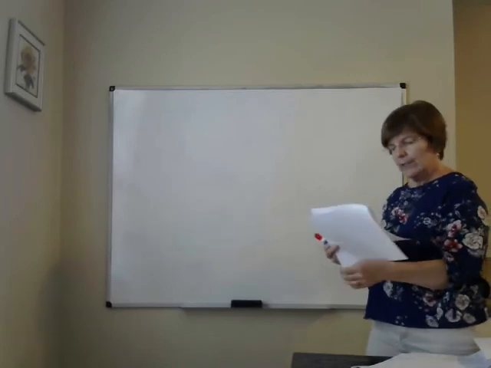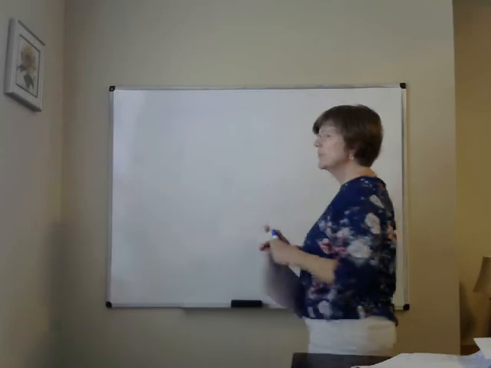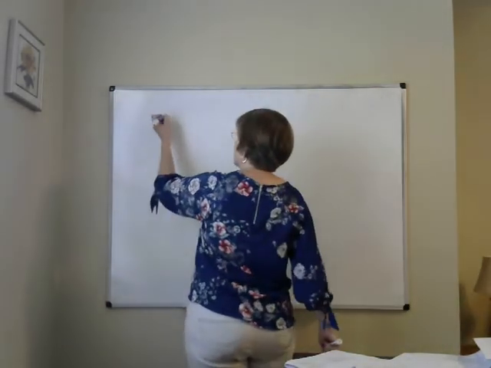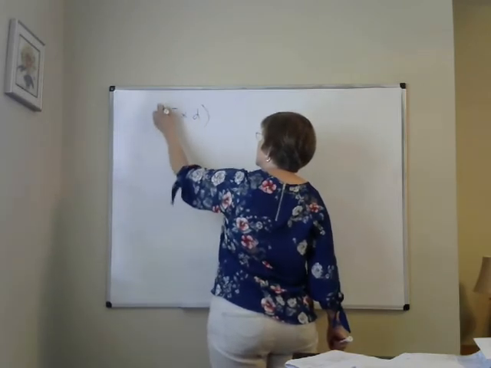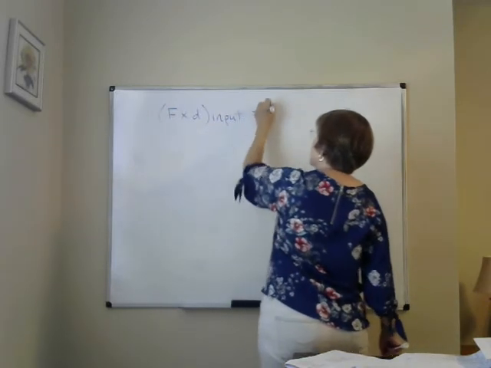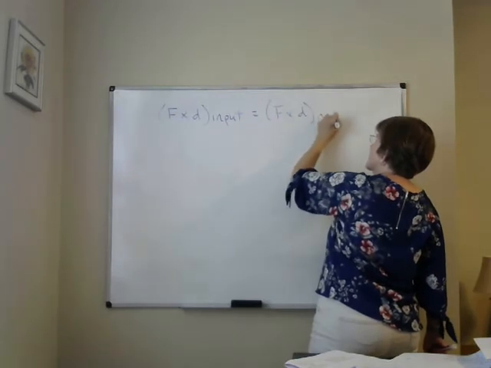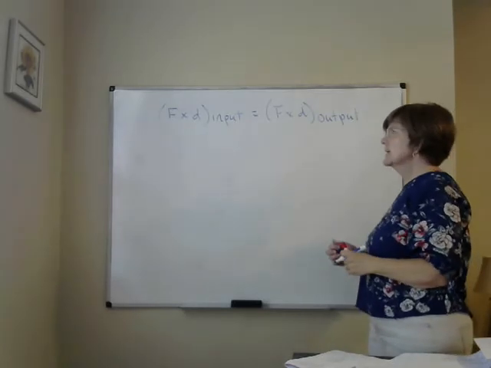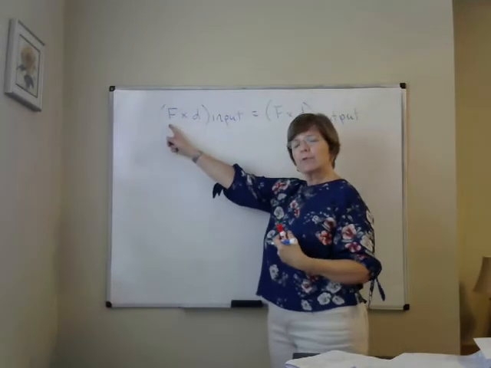Well, let's do one more thing before we talk about efficiency. Let's just go back and review this idea of the force times the distance in, that's our input, should equal the force times the distance out. That's our output. Think of what that means in terms of the force.